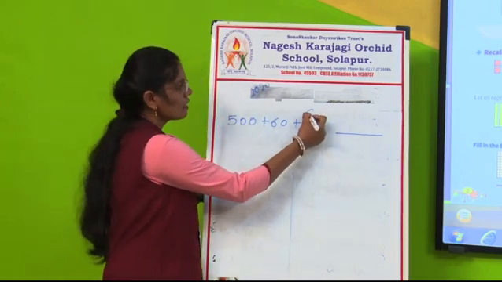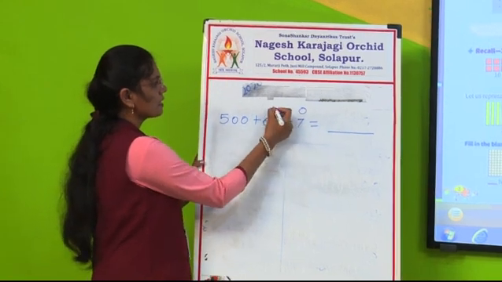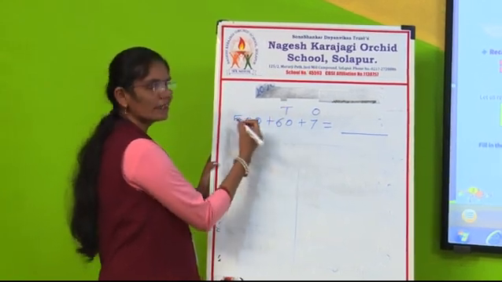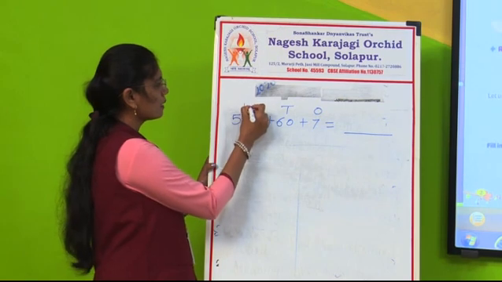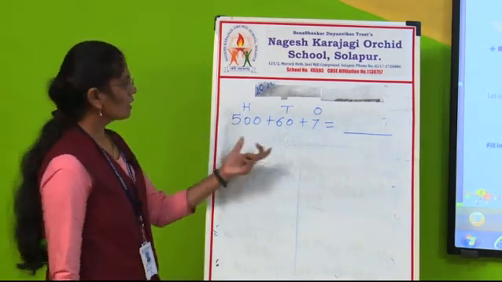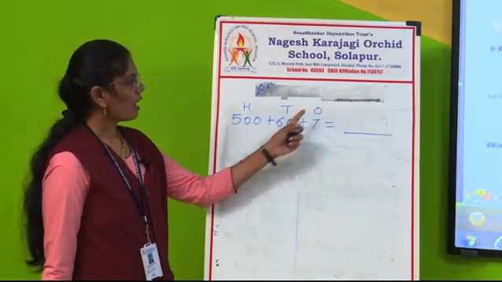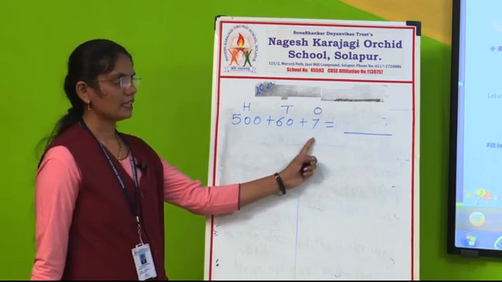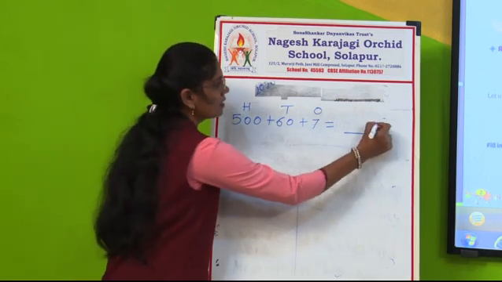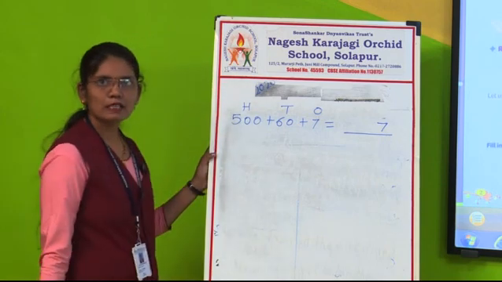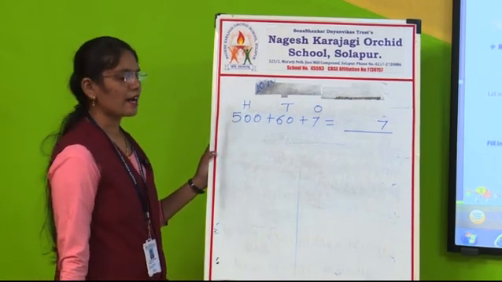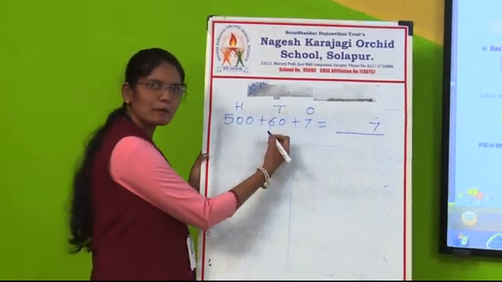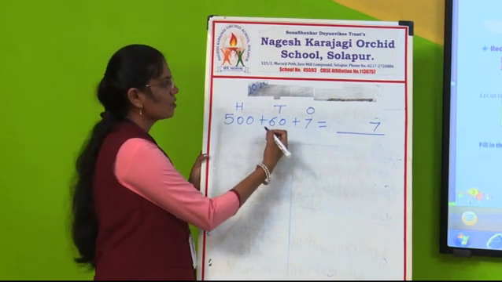This is ones place, and this is tens place, and a 3-digit number means hundreds place. Okay. Now from that, can you tell me how many ones are there? Yes, very good. There are 7 ones. So at ones place we will write 7. At tens place which number is there? 6. Okay.